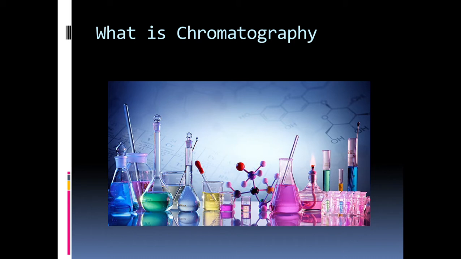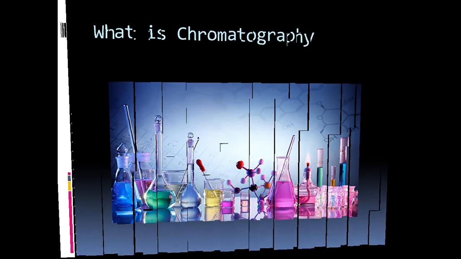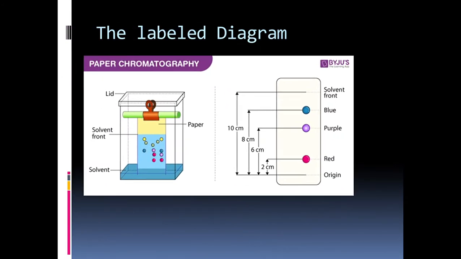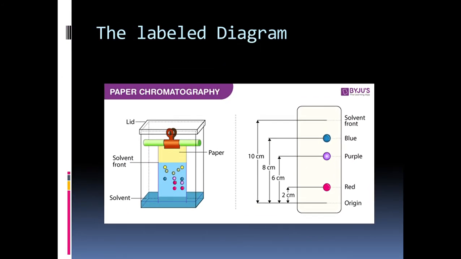Chromatography basically involves a beaker, a chromatogram, a solvent, a dropper, and a lid. Also, a ruler to calculate the distances. So this is what I talked about.